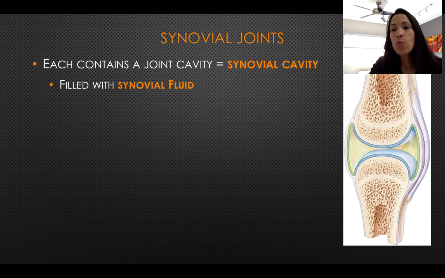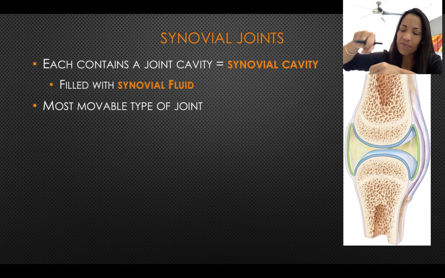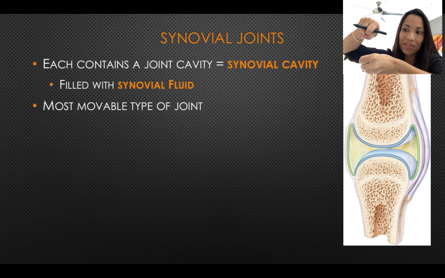Now, what are we going to find in this synovial cavity? Well, it is going to be filled with fluid, and since that fluid is in the synovial joint, we're going to call it synovial fluid. Because it has that cavity, that space in between the two bones, the bones are not stuck together, they're separate.